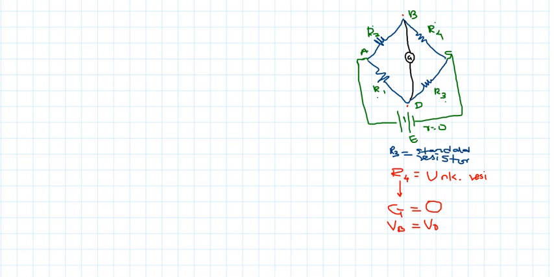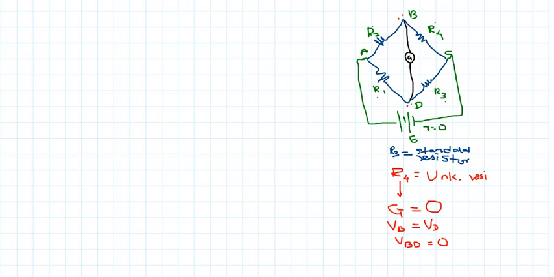Then the potential difference is not seen. Across BD I can say the potential difference is 0. If the potential difference is 0 in between, then I can automatically say there is no current, therefore the galvanometer shows zero deflection.